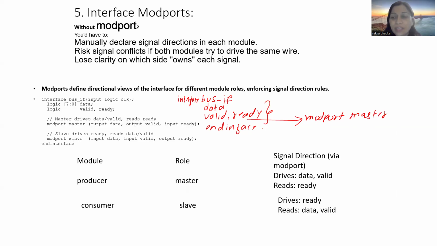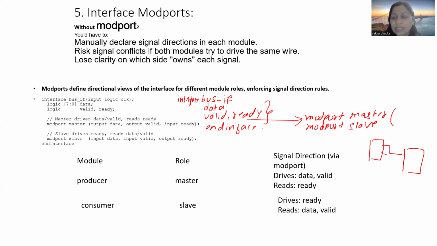So the entire bundle is broken into one as master and one more as mod port slave. And what I'm doing here is this data, valid and ready in the master has some direction. So data is output, valid is output, and ready is input for the master, while data and valid become input and ready becomes output for the slave. So it's like I have a master, I have a slave device.